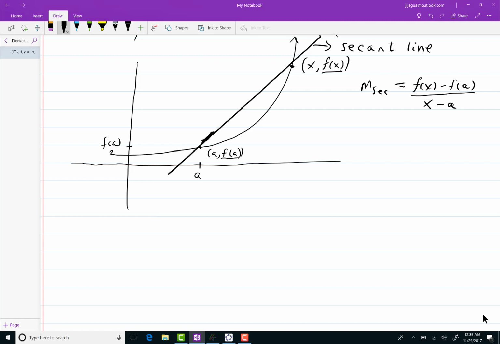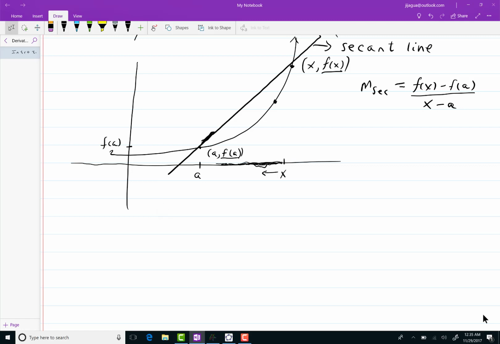Well, the general idea is we are going to allow x to go to a. So let me go under here. I want x to approach a. That means it's going to get closer and closer and closer. Let me sort of draw this a little thicker. As it does so, it's going to trace out various different secant lines.